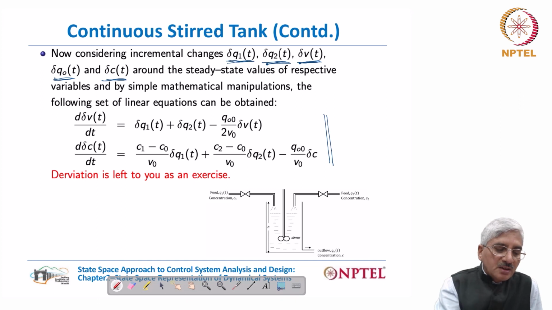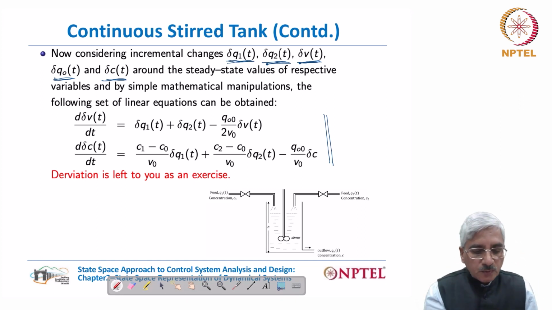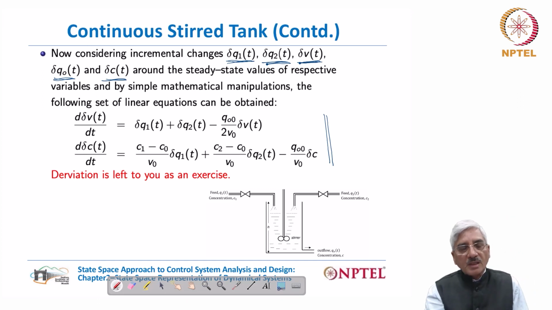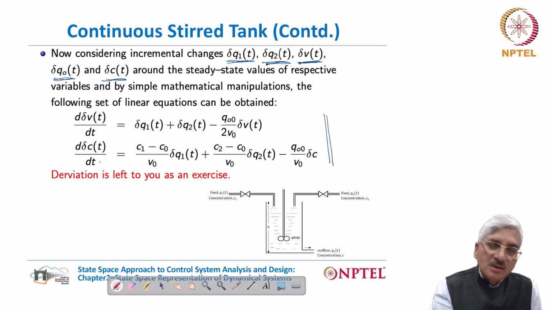The first one will give d/dt of the incremental change in liquid volume as the incremental change in feed flow 1 plus the incremental change in feed flow 2 minus the incremental change in outflow, which is the incremental change in liquid volume in the tank divided by 2 V0, the steady state liquid volume. The second equation will give this.